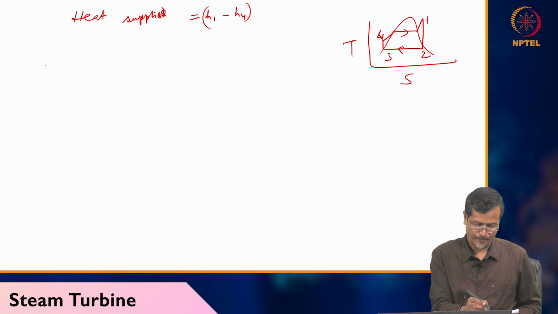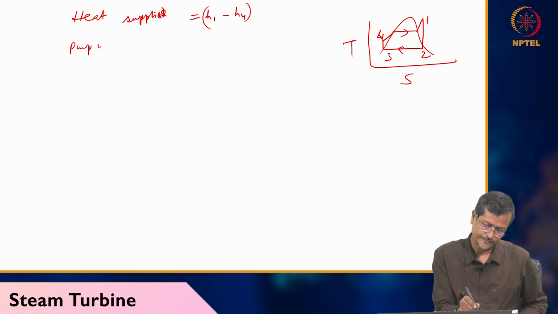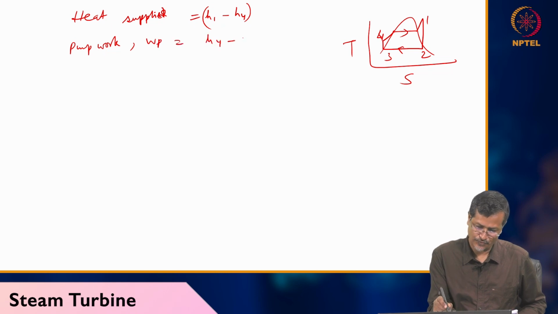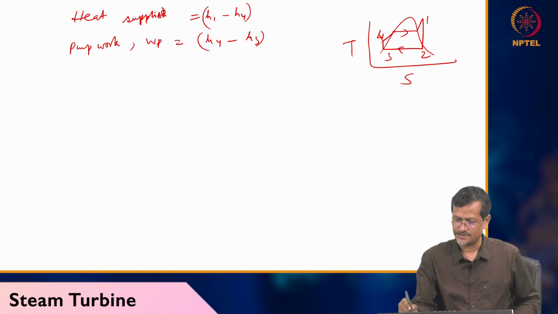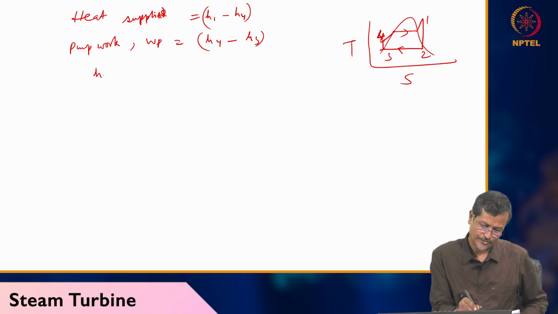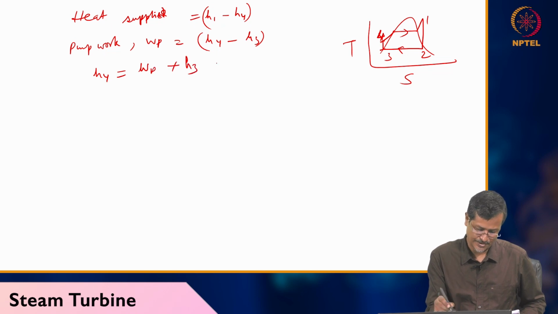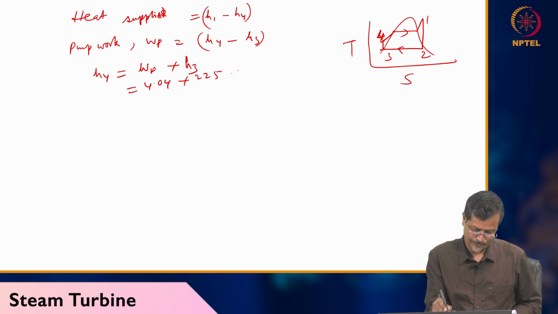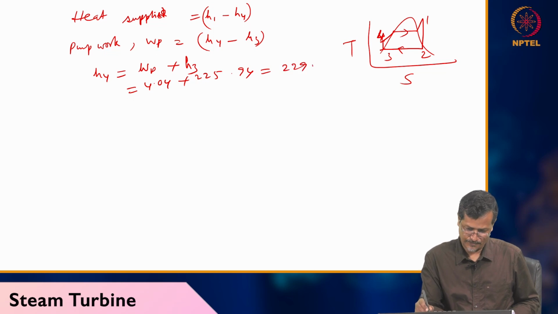Okay, so from pump work, WP equals H4 minus H3. You can see this pump work, H4 minus H3. Now H4 equals WP plus H3 equals 4.04 plus 225.94. So this is giving 229.98 kJ per kg.